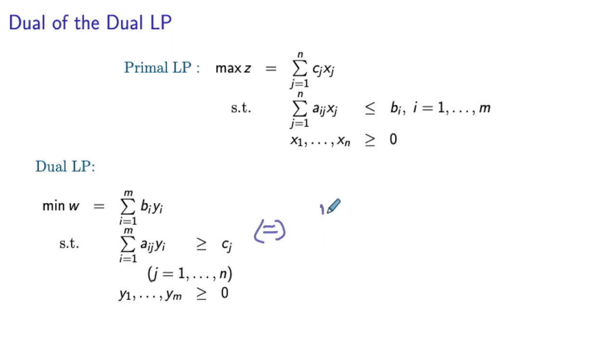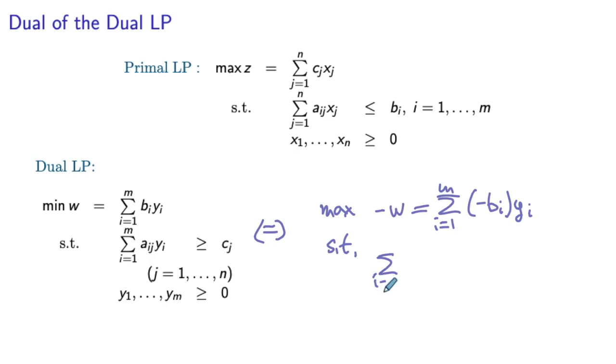So we'll have maximize -w given by the summation for i between 1 and m of negative bi yi, subject to, and now I'm multiplying both sides of each constraint by -1, the summation for i between 1 and m of negative aij yi is less than or equal to negative cj for j between 1 and n.